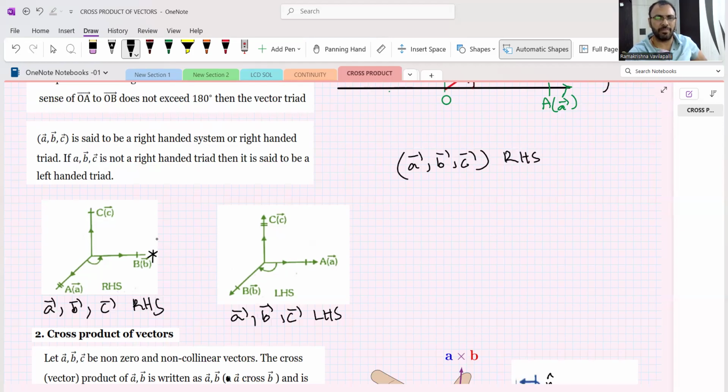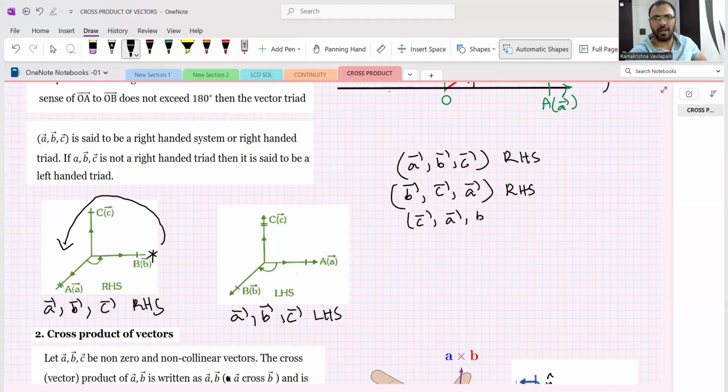You take the vectors in the anti-clockwise direction. Then B bar, C bar, A bar also form a right-handed system of vectors. Now start from C. C bar, A bar, B bar also form a right-handed system of vectors.